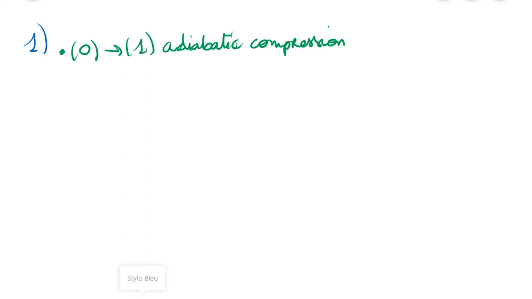So the information that we can write, first of all, from the wording is the fact that V1 is equal to V0 over 3. So this is given in the wording. And then because it's a compression, we can deduce the fact that P1 is higher than P0 and the fact that T1 is higher than T0. Because when you compress something, then the pressure and the temperature are going to increase.